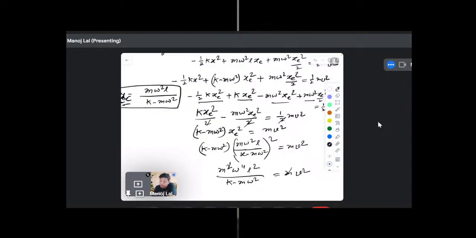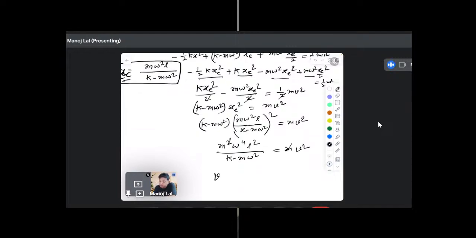One m is out, and then v will be m upon k minus m omega square, this comes under root, and then omega power 2 L. So this is what we got, the maximum velocity, right?